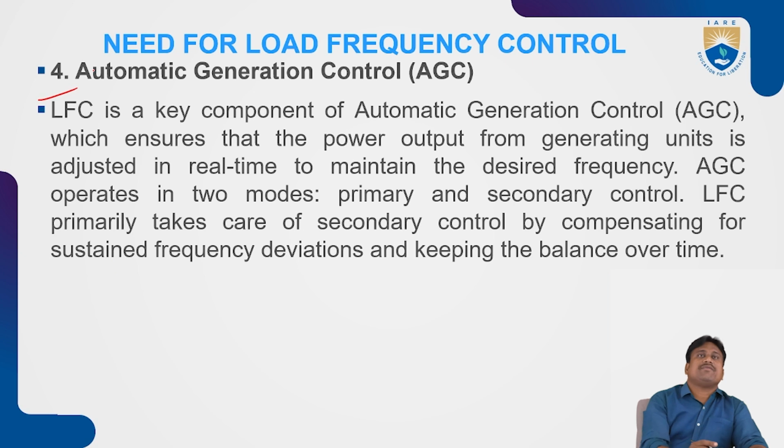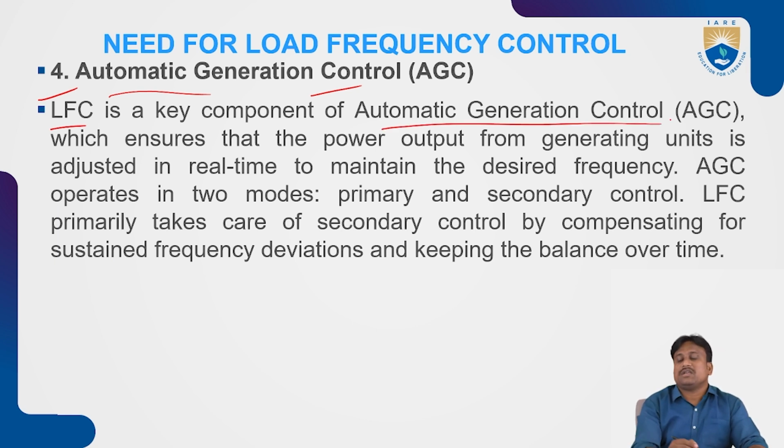The next parameter which mostly influences load frequency control is automatic generation control. What is this AGC? Load frequency control is a key component of automatic generation control, that is AGC, which ensures that the power output from the generating units is adjusted in real time to maintain the desired frequency.